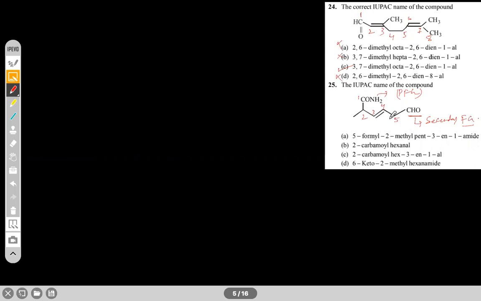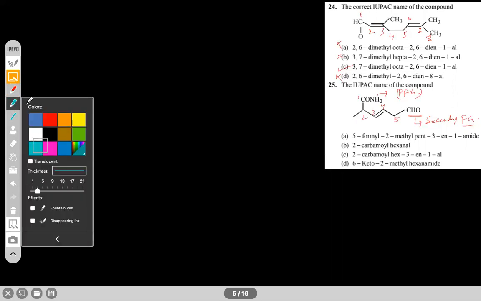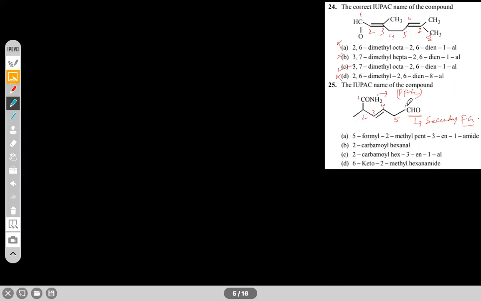Okay. This carbon, again, keep this in mind, is now a substituent. This CHO is a substituent, and we do not consider the carbon atom of this in the functional group. It is a substituent.